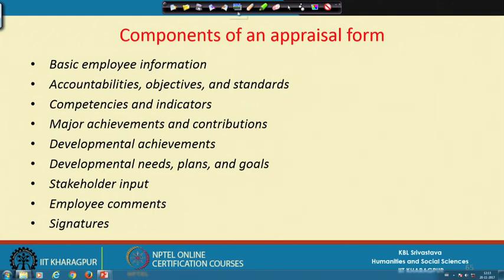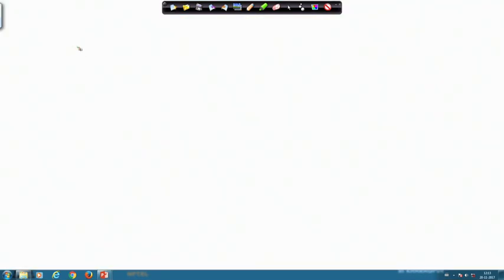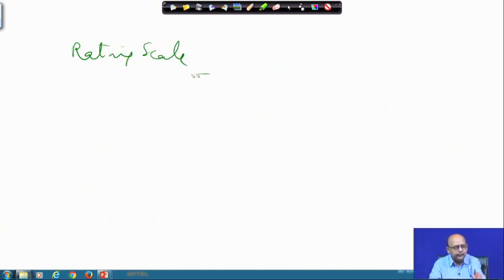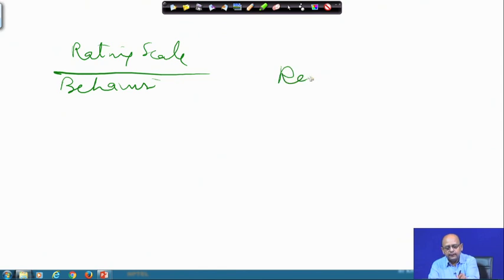So, moving further, suppose you are going to use a particular methodology. Say for example, you are going to use a rating scale, right. So, you are going to measure this on 2 accounts, that is behavior and results. Okay. Results are objective measures. So, that is not a problem.